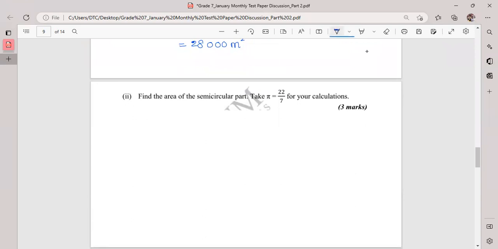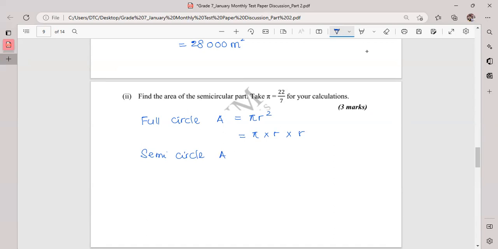Children, you want to keep that in your mind, the full circle, how do you find the area? Full circle, tell me. Full circle area is equal to πr squared. What does that mean? π times r times r, right? So then the semicircle, how do you do this? Semicircle, right?